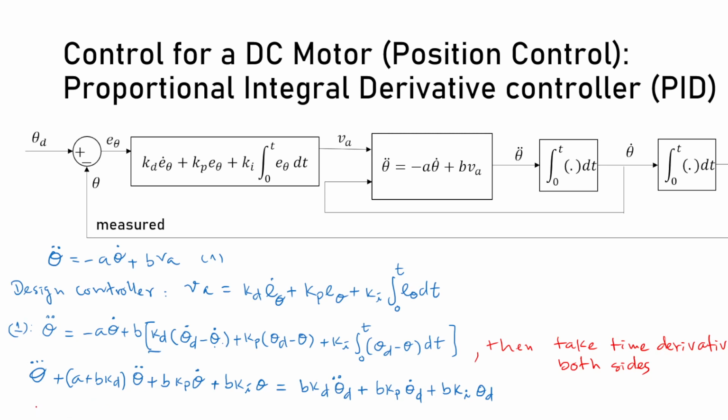Again, if theta d is constant, then theta d dot equals theta d double dot, which is 0, and theta of t approaches theta d when t approaches infinity, right?